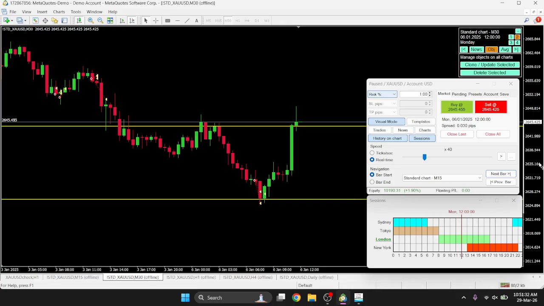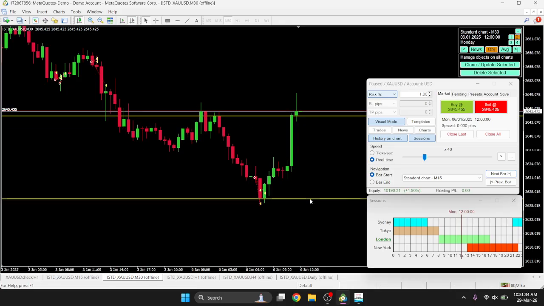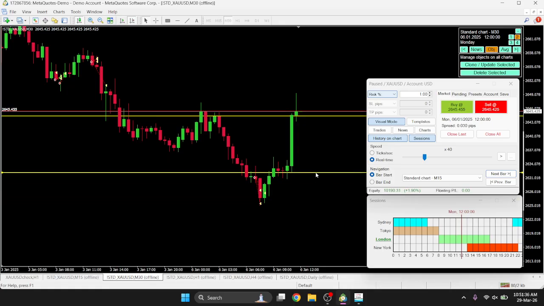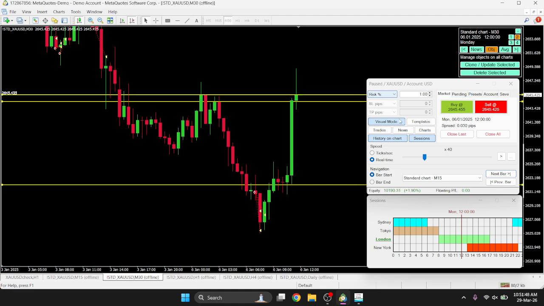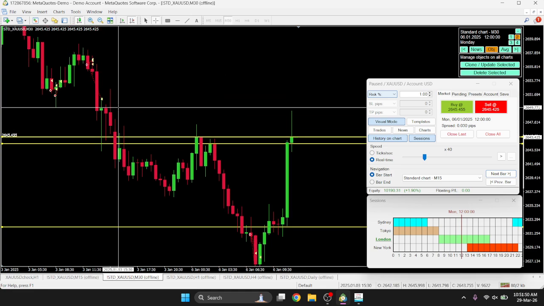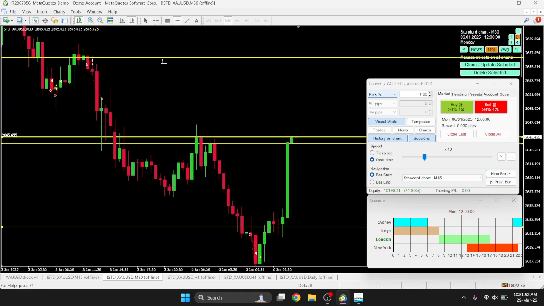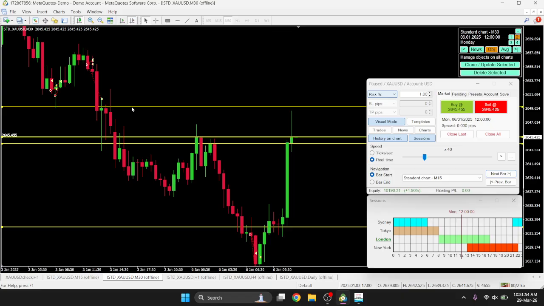So in 30 minute we should move this support there and mark this 30-minute resistance. It's easier for the new traders. I'm marking every resistance. So there is another resistance. So I'm marking this.